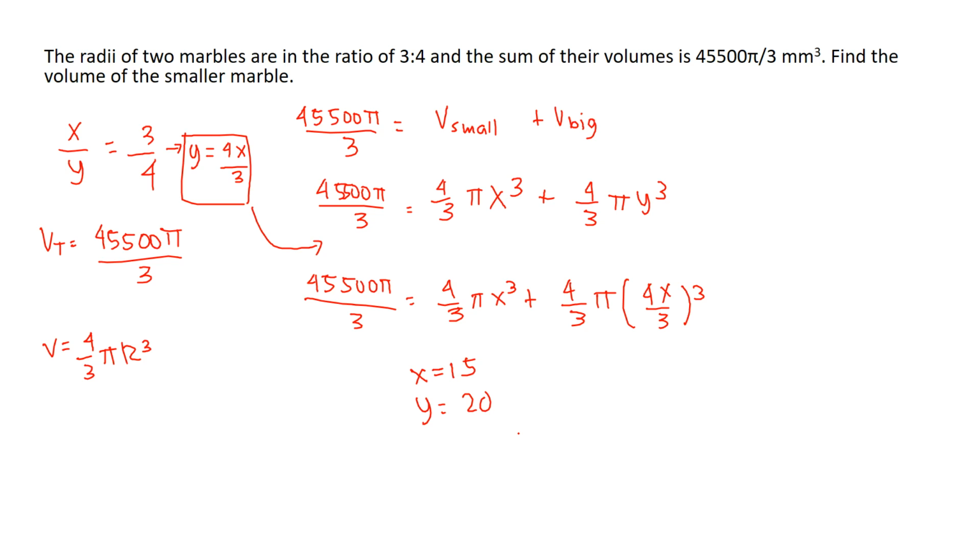Ang kailangan lang man niya is the volume of the smaller marble. So, ang 15 imong gamiton na radius. So, ang volume sa small na marble is just 4/3 pi r cubed, r is 15.